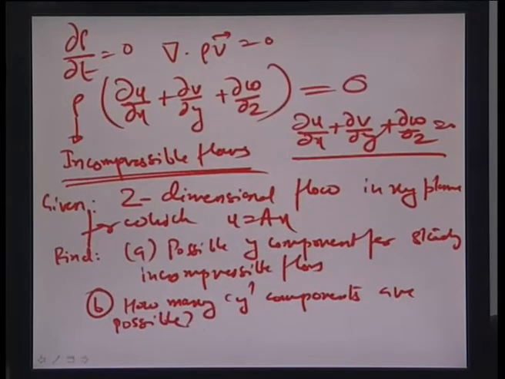As we know here, del rho by del t is 0, or rho is a constant.